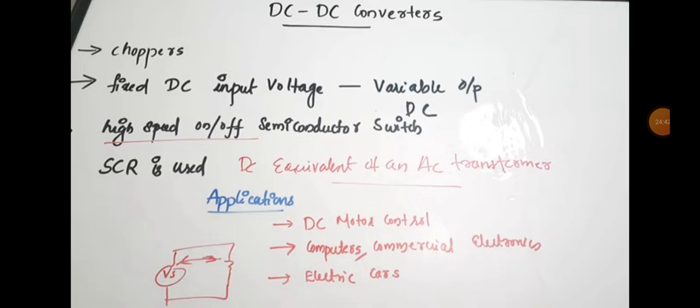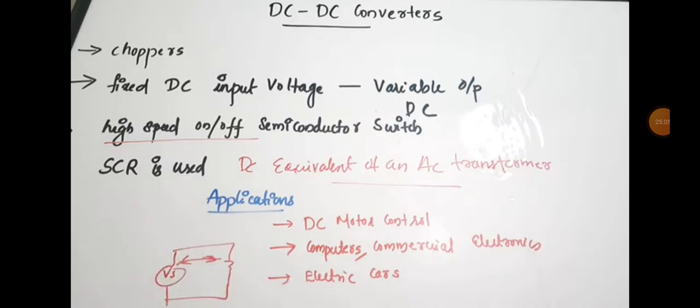In the choppers, we are using silicon controlled rectifier switches, and this SCR is triggered on and triggered off at a very high speed. The switch has to operate at a very high speed. This is how the connection and disconnection of the load and source is happening.